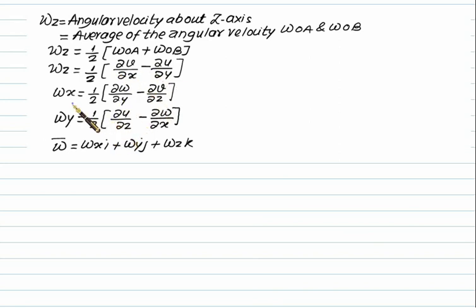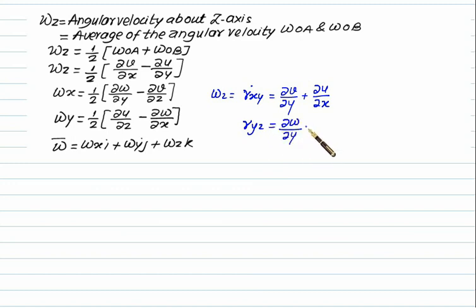When we have omega x, you can write it simply on the basis of gamma. Remember, if you want to write omega x, you have to refer to gamma yz. Gamma yz can be written as del w by del y plus the other velocity, along the y direction, del v by del z.